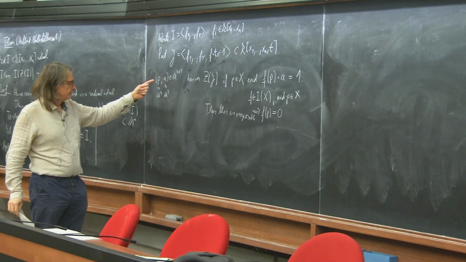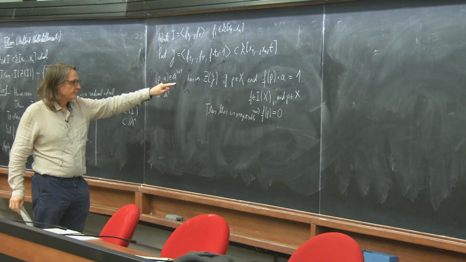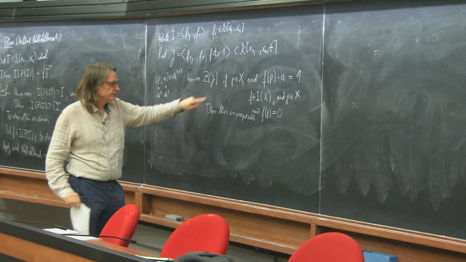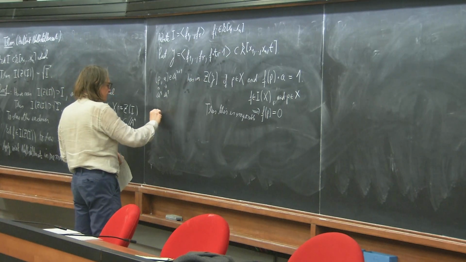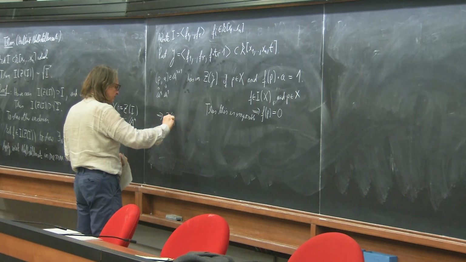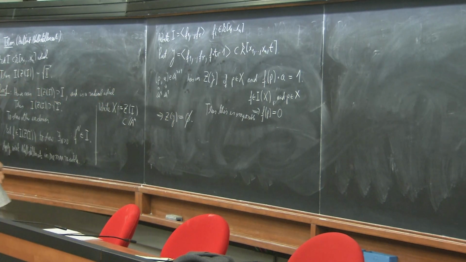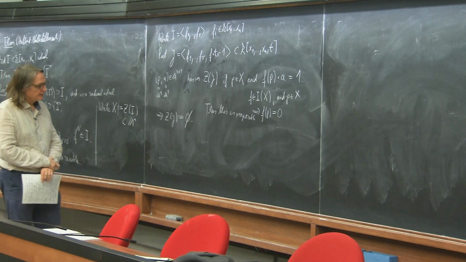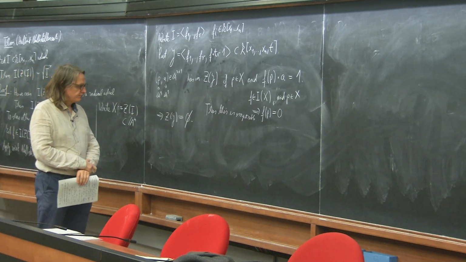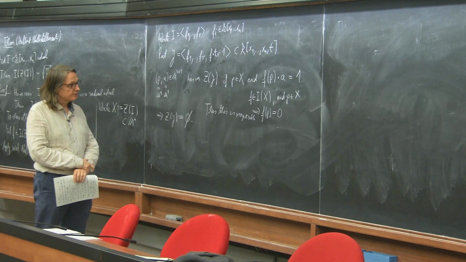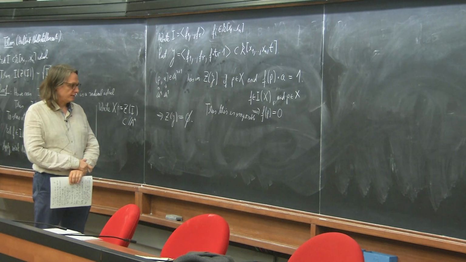So there's no point P, A in A^(n+1) which lies in the zero set of J. So it follows that the zero set of J is the empty set. And now a simple reformulation of the Hilbert Nullstellensatz, of the weak Nullstellensatz, was that if the zero set of an ideal is empty, then it contains the element 1.